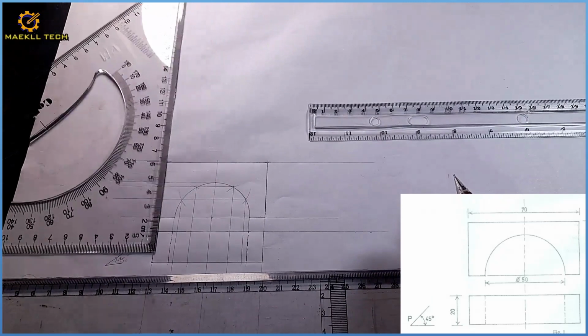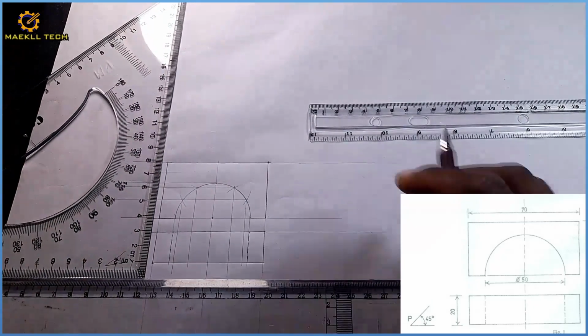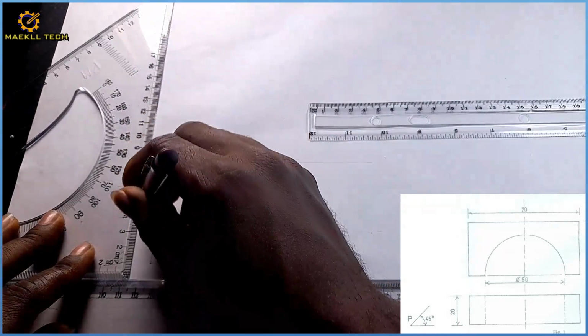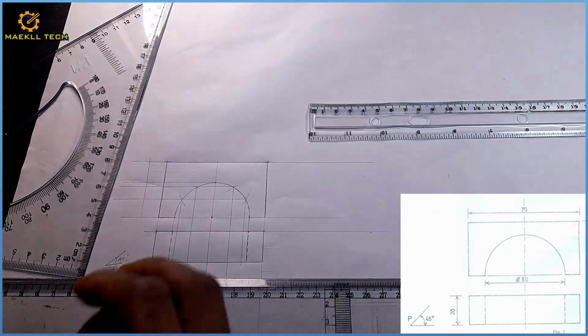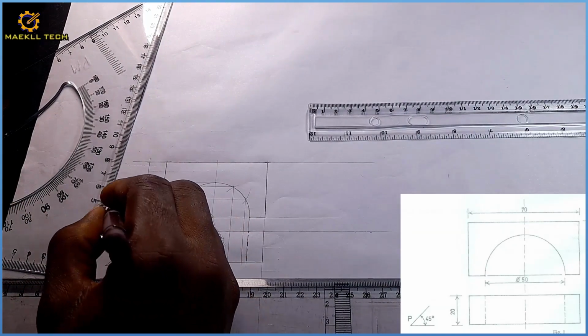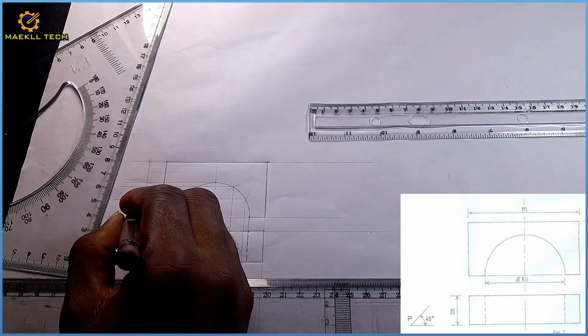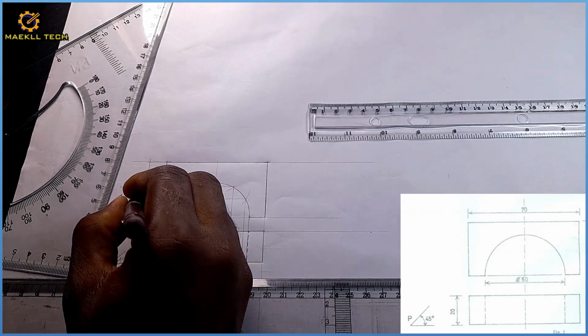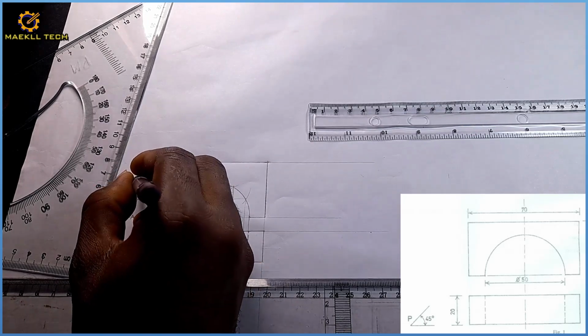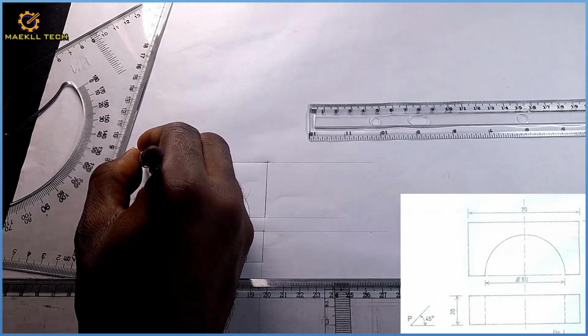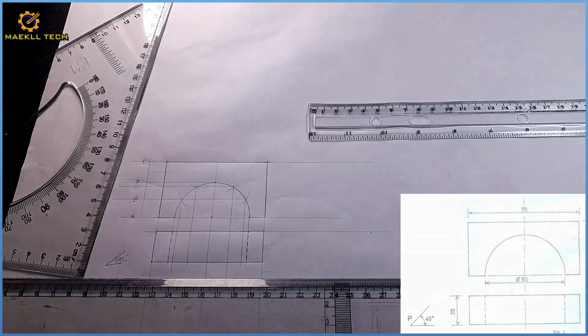Each of these spots I'm going to produce a slight vertical line. I'm going to name this A, B, C, D, and E, in that order. Take note, A, B, C, D, and E.